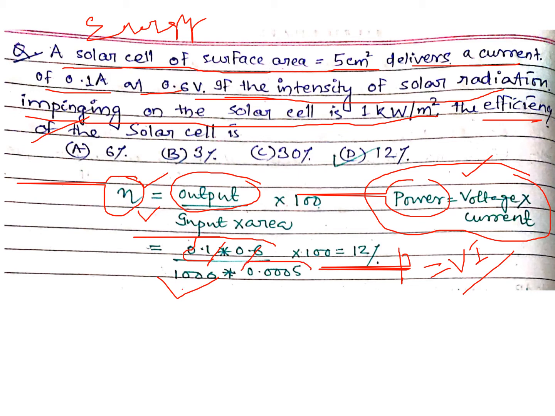So here we get 1000 into 0.0005. We should remember this kind of formula when it comes in the exam. The efficiency formula is output power divided by input power into 100. The final answer we got from this formula is 12%.